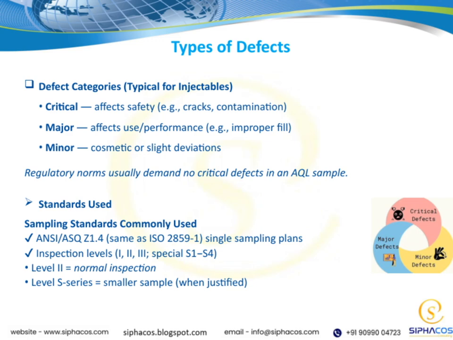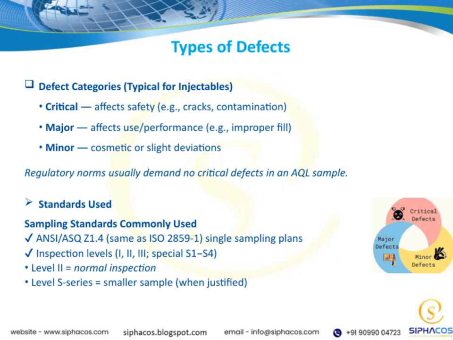Finally, minor defects are usually cosmetic or involve slight deviations that don't affect safety or performance, but might affect appearance or quality perception. It's important to note that regulatory standards typically demand that there are no critical defects in an acceptance quality level sample. That means, during inspections, critical issues should be entirely absent to meet compliance.